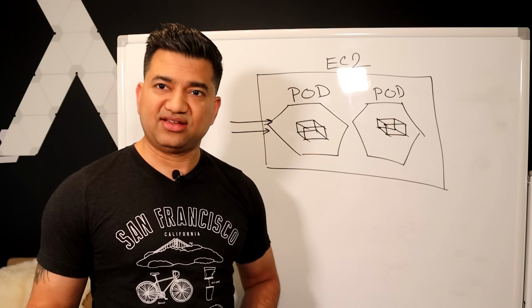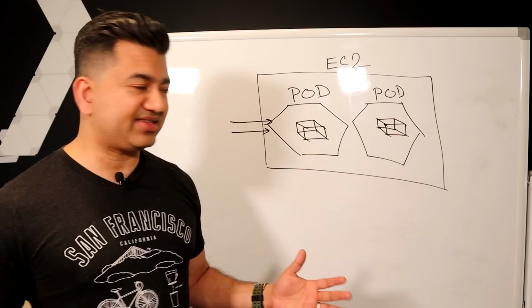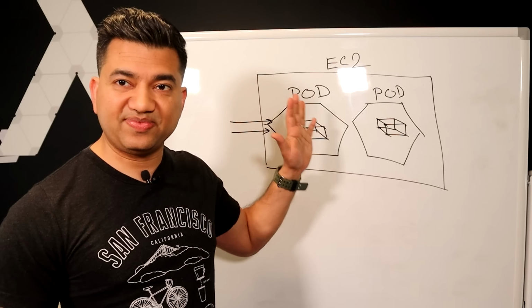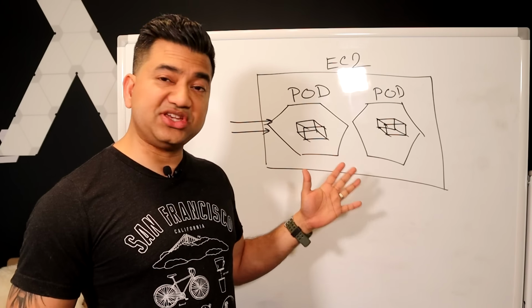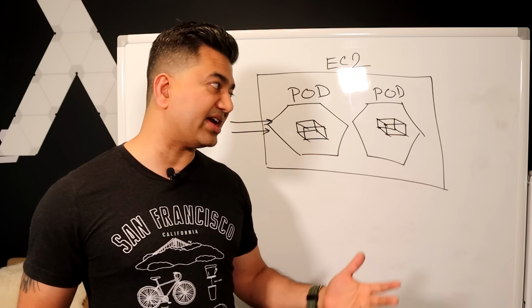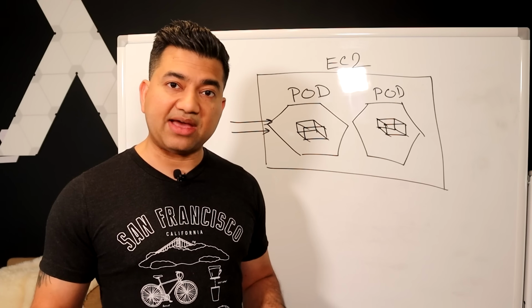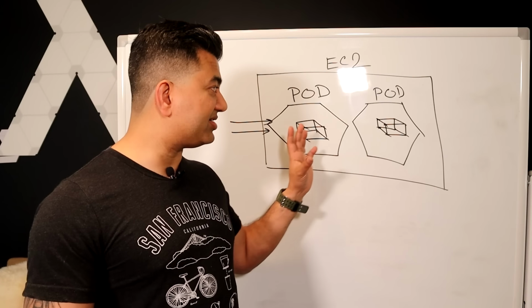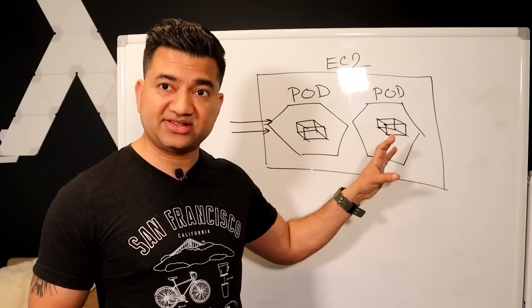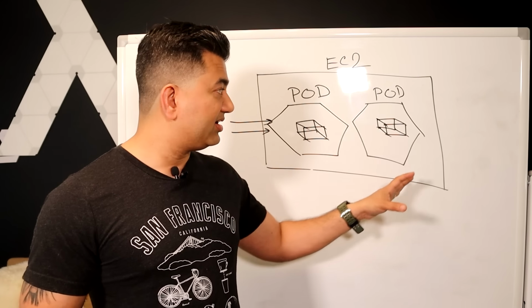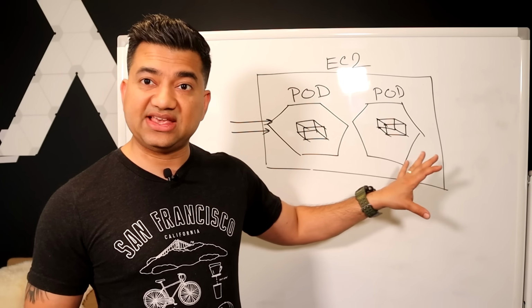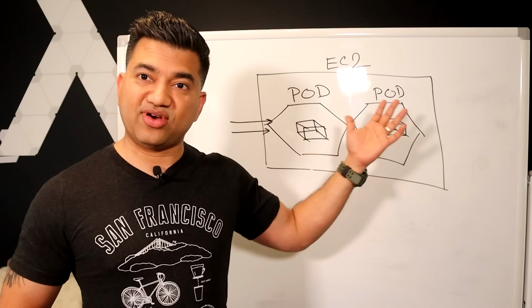So you might ask, Raj, what happens if this EC2 is filled up? Yes, each EC2, depending on the family, like whether it's a T3.micro or M5.large, can only have a certain number of pods, because as you put more pods in this same EC2, the CPU utilization of this EC2 is also going up.